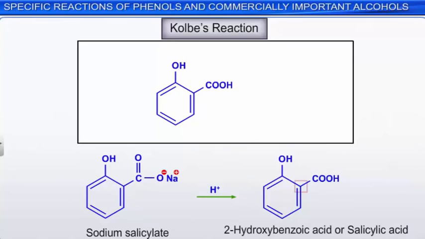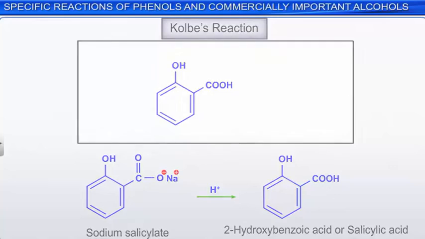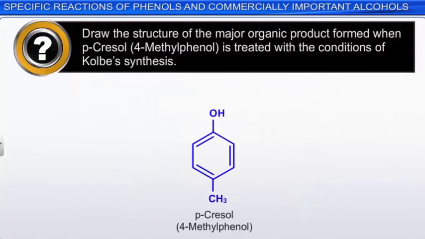The ortho position is favored in the Kolbe synthesis. Here is a problem for you to solve. Draw the structure of the major organic product formed when para-cresol, 4-methylphenol, is treated with the conditions of the Kolbe synthesis.